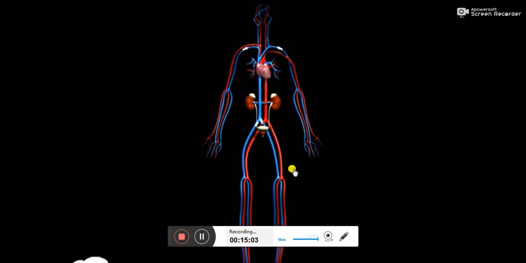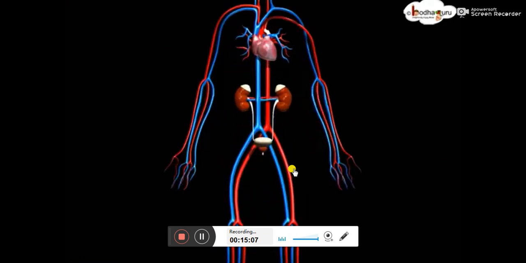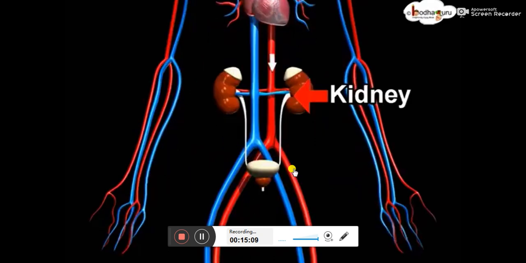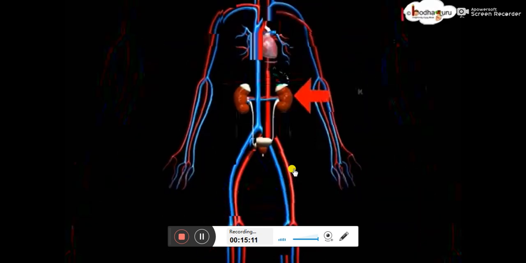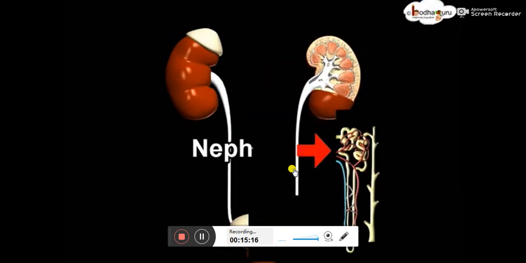A pair of bean-shaped kidneys together receive around 25% of the blood pumped by the heart because it filters blood employing small filtration unit, nephrons, to remove toxic waste.